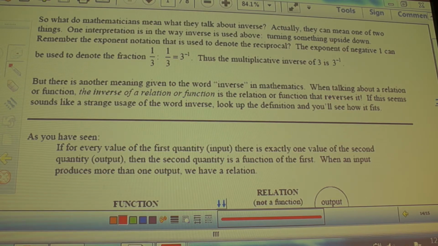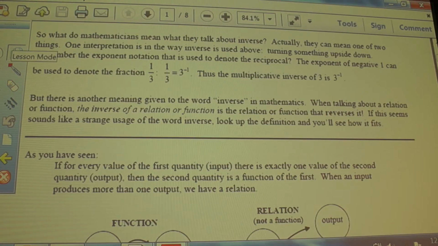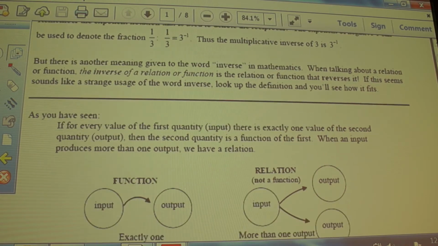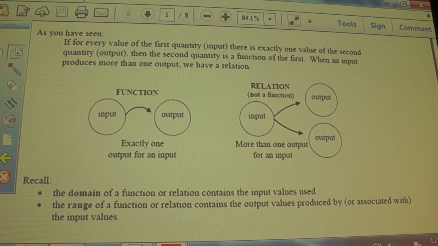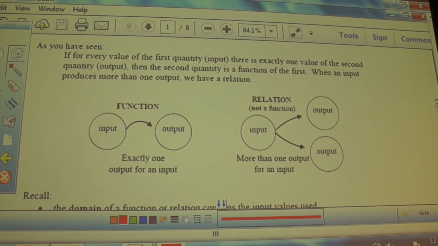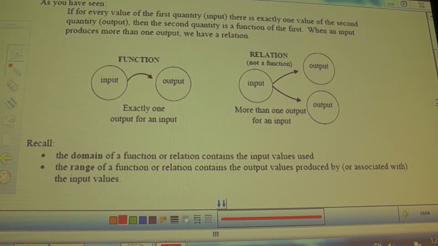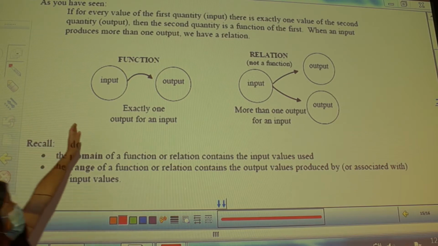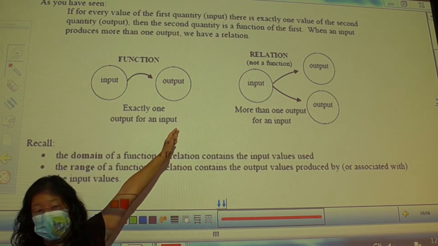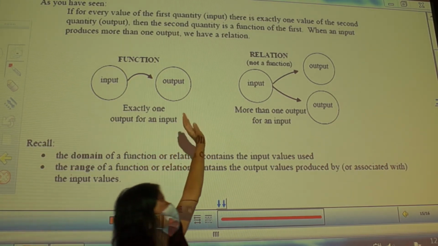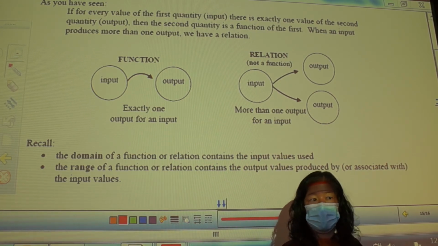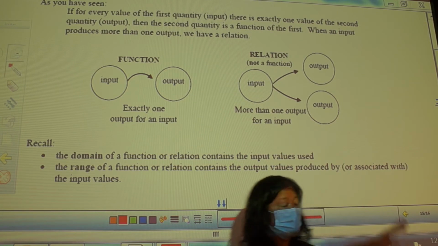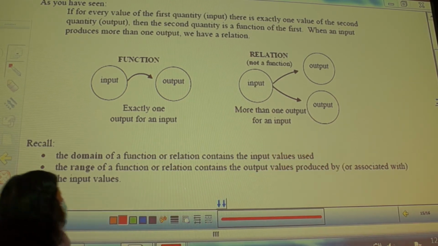Okay, so we're going to look at some of those things here. I think we've talked about this before. So briefly, you guys remember what makes something a function? If every input has only one output. It's a relation if you put in x and you can get two possible y's. If an x has two y's, then it's not a function, it's a relation.